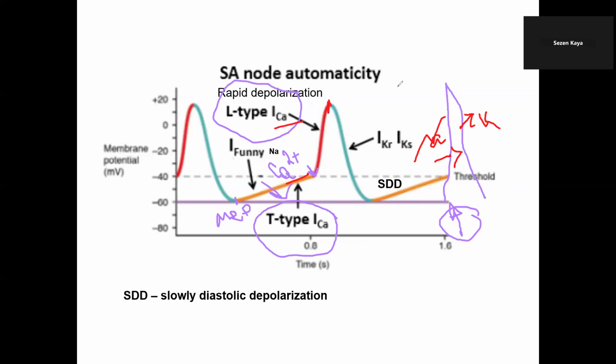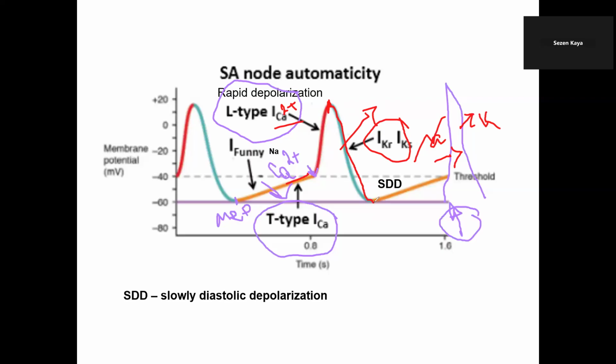After that it happens the same way as we already know. At the top of the action potential, the maximum number of potassium channels open and the entry of calcium 2+ is inactivated. As a result, calcium stops entering, potassium moves outside, plus charge moves outside of the cell, and we have repolarization.